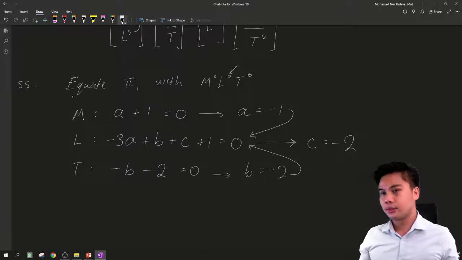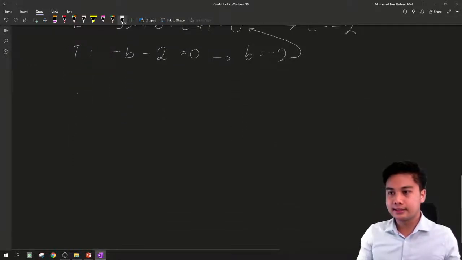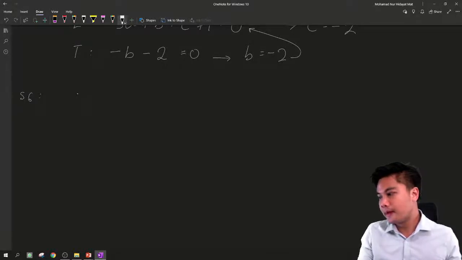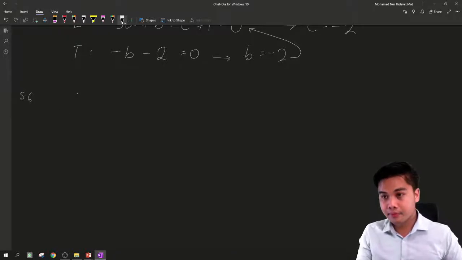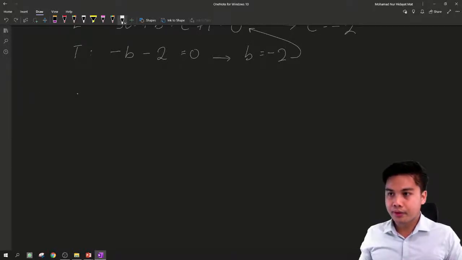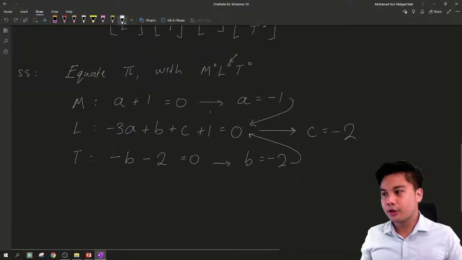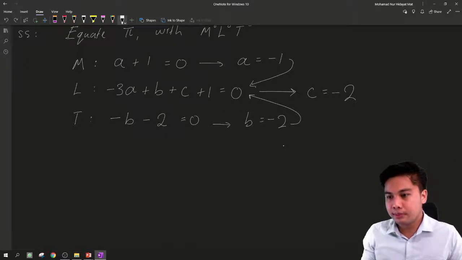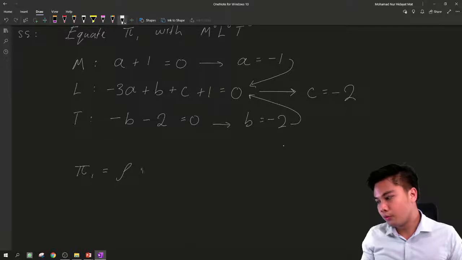Alright, so from here we go to step number 6. Once we know the values of a, b, and c, from the pi term previously, which is pi 1 equal to rho v d and F d. This is a, a is -1. V is b, which is -2.